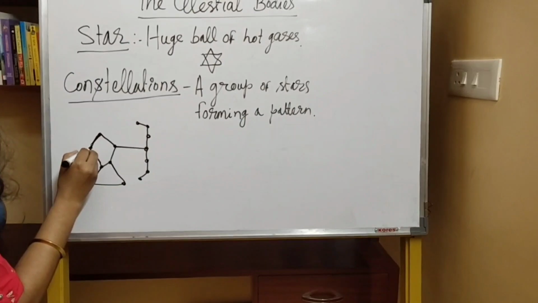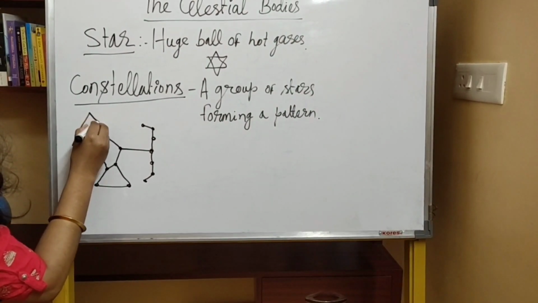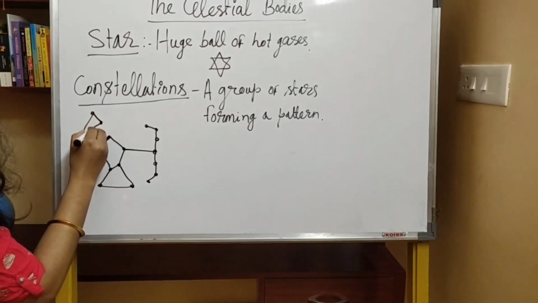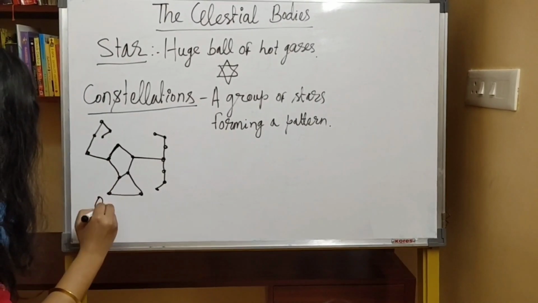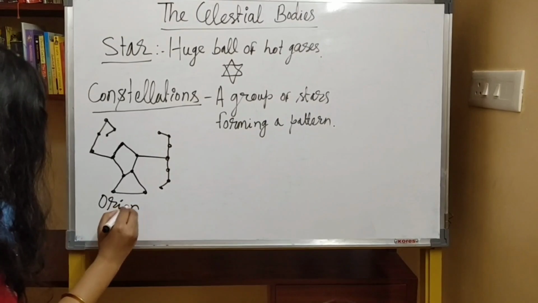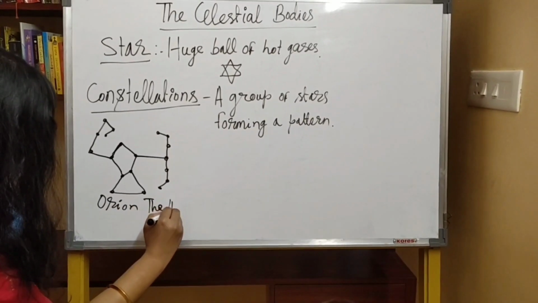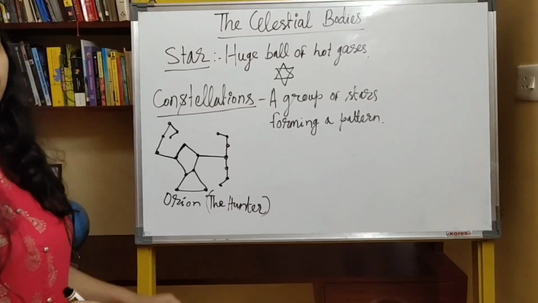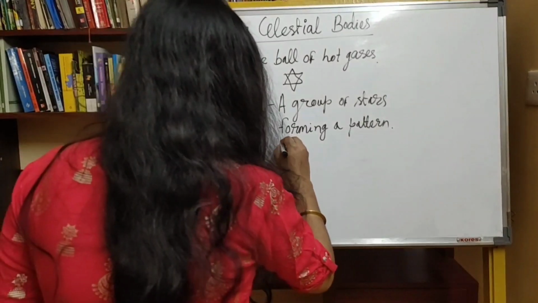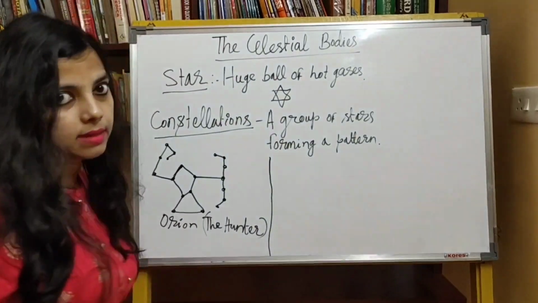There is one more constellation also. So this is your first one, Orion or the hunter. I'm telling about one more constellation now. What's that?